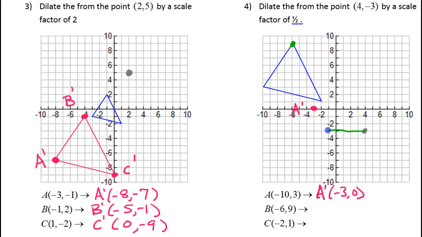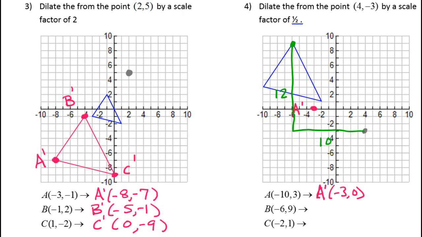I'd have to go left this far, and I'd have to go up this far. That's 4 to the right, 6 to the left, so that's a total of 10. And here I've got 9 above, 3 below, so that's 12. So I just went left 10 and up 12.